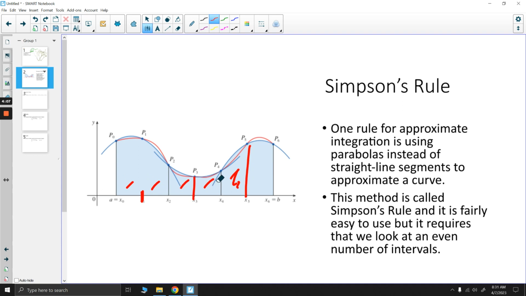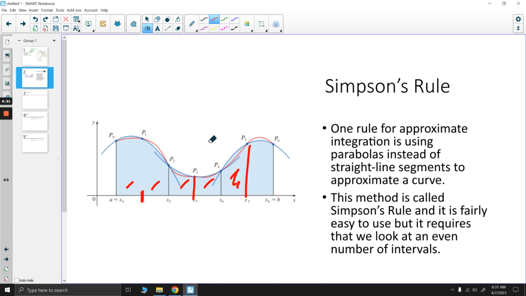Okay, 1, 2, 3, 4, 5, 6 regions here. Now, the number of points you'll have though will be odd. So if you look here, x sub 1, that's 1, 2, 3, 4, 5, 6, 7. So you might say, that's not enough. That's not right. Well, 7 points are required to get 6 regions, or 6 intervals.